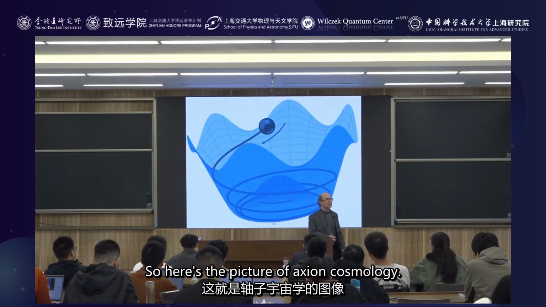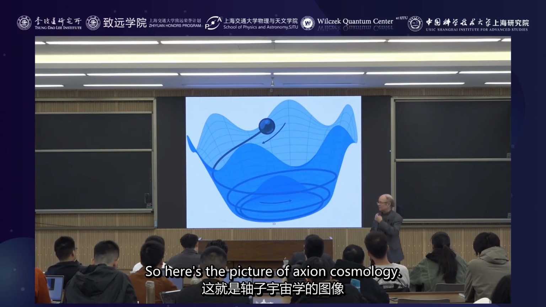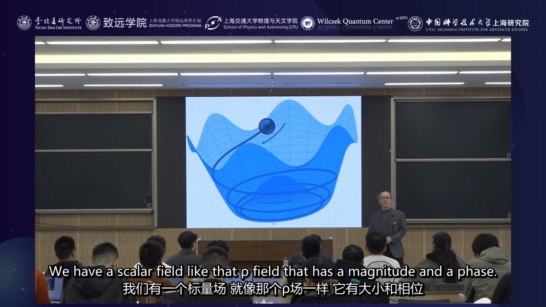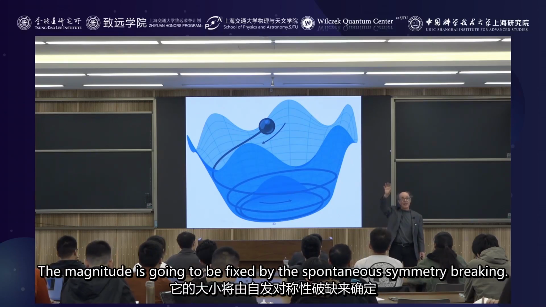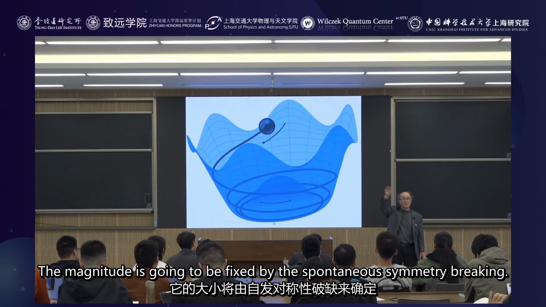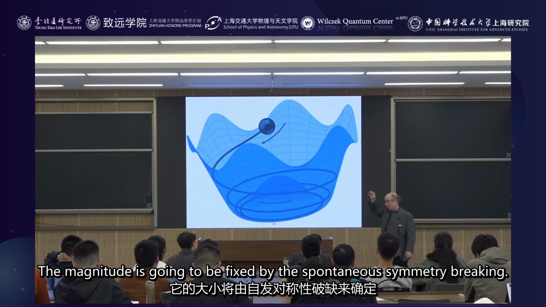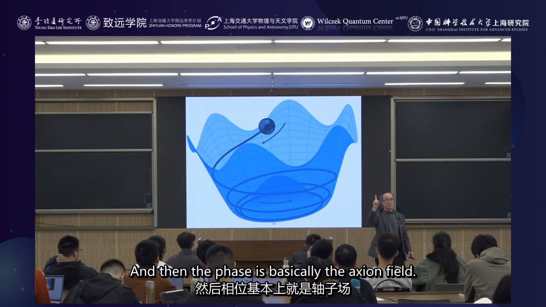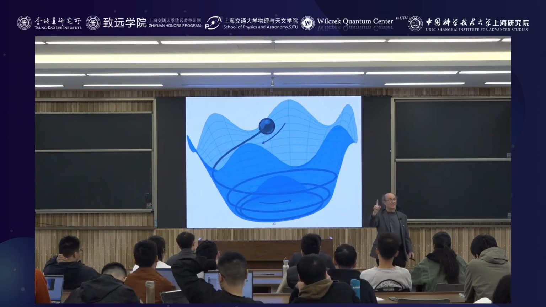Okay, so here's the picture of axion cosmology. We have a scalar field like that rho field that has a magnitude and a phase. The magnitude is going to be fixed by the spontaneous symmetry breaking, and then the phase is basically the axion field.